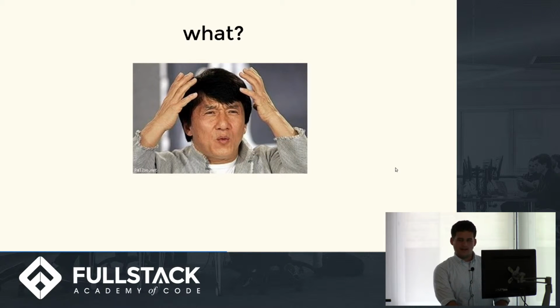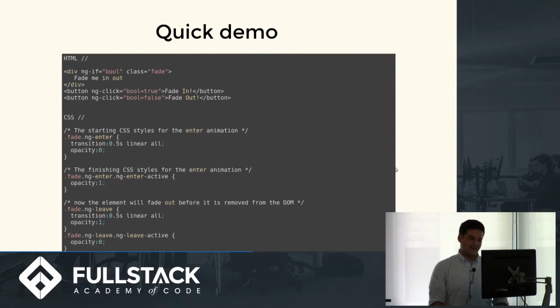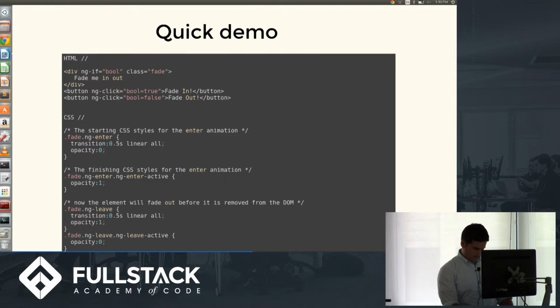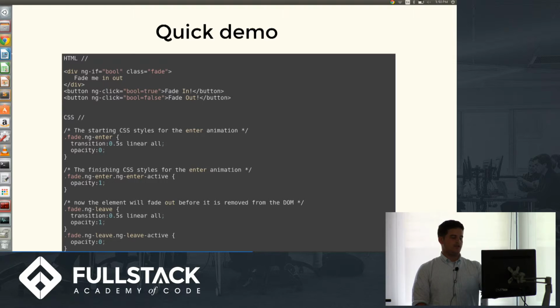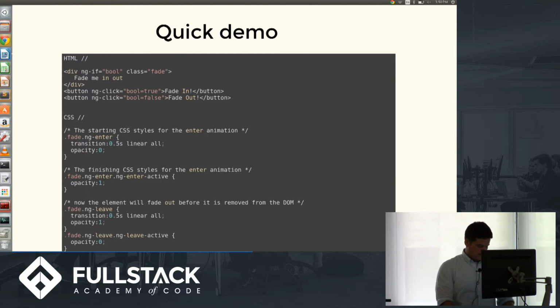So how does this work exactly? Luckily, I came with some demos. Here, basically, I'm setting up an ngIf, which will not show or hide, but basically inject or remove this DOM element, which is just a div that says fading out, based on a Boolean, which I can click.